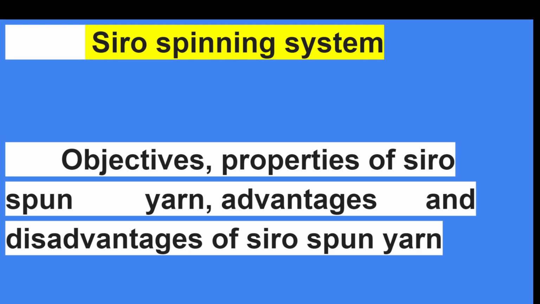Guys, as you know, single spun yarn cannot be used directly in knitting or weaving because the twist of single spun yarn is not permanent. When the yarn is used in weaving, it makes an up and down movement.